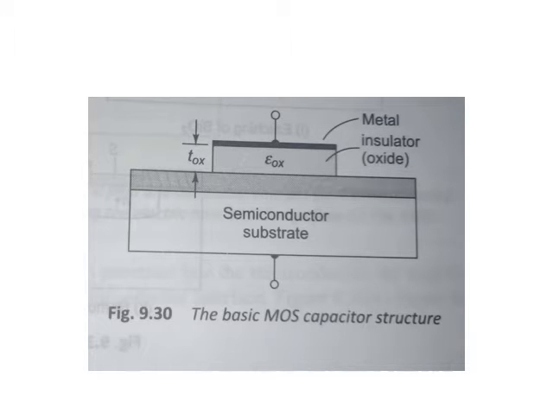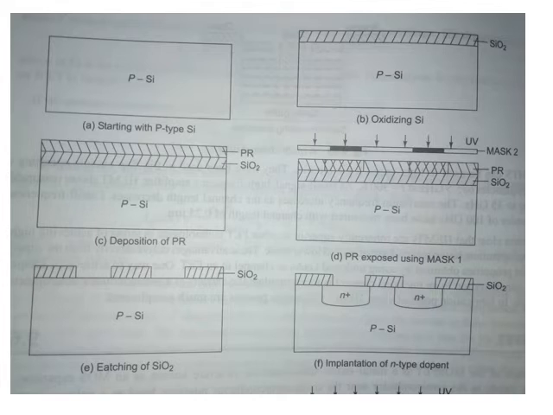So in the previous lecture we had seen the steps, right? These were the steps: taking the pure semiconductor, then oxidizing, doping it with p-type, then oxidizing again. Then deposition of photoresist, then using the mask and exposing it to UV radiation.